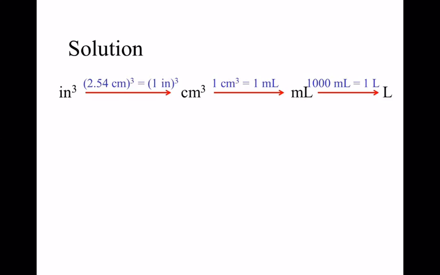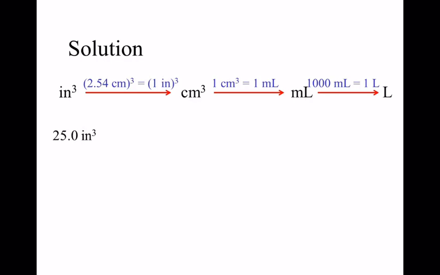So here we go. Start with 25.0 inches cubed. When you're struggling with how to start, begin with the number that's unique to the problem, which in this case, there was only one number given, 25.0 inches cubed. Put that over 1. Now I want my inches cubed to go away. I'm going to go to centimeters cubed.